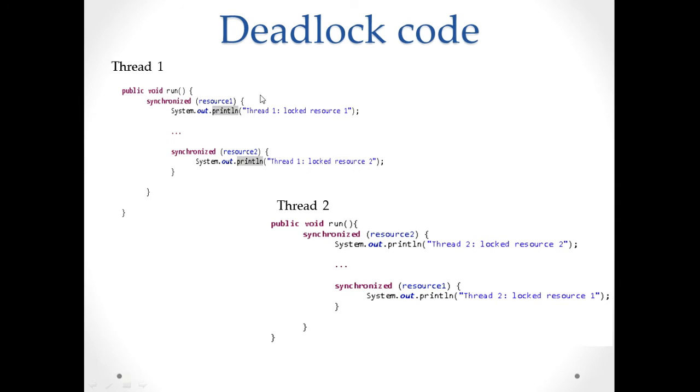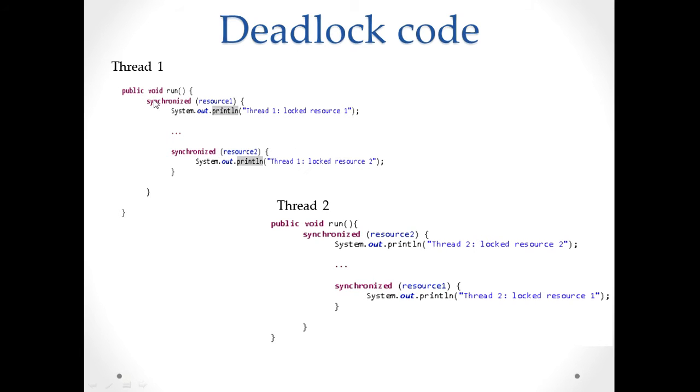So basically we're just going to have a message printed out to the console saying that Thread 1 has acquired a lock on this particular resource. Now Thread2, if we go down to the Thread2 class, is pretty much doing the same thing, but we are first acquiring the lock on resource 2. After Thread 2 has acquired a lock on resource 2, we're simply going to print out Thread 2 locked resource 2. Sounds easy enough, right?